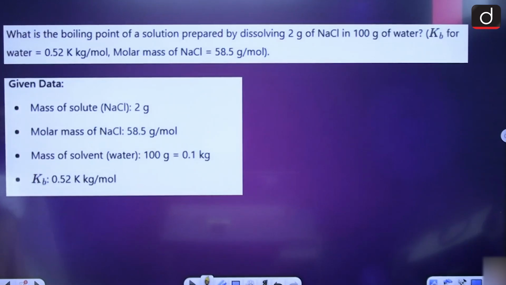Right, so let us solve one question. What is the boiling point of a solution prepared by dissolving 2 gram of NaCl in 100 gram of water? The question is there. Just try to put it into the formula and try to solve.